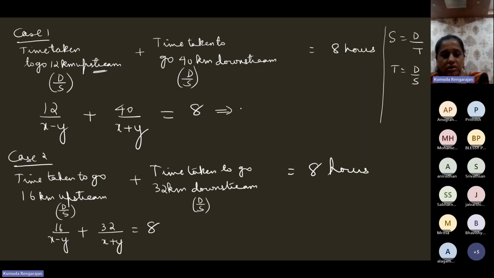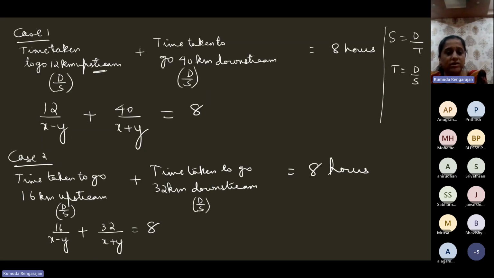So this implies 12 into, let's write it on the next slide. So 12 by x plus y. Shall I continue here? So it'll be 12 into 1 by x minus y plus 40 into 1 by x plus y is equal to 8.